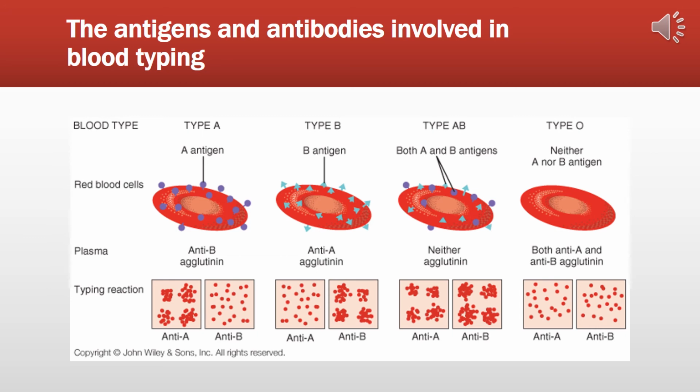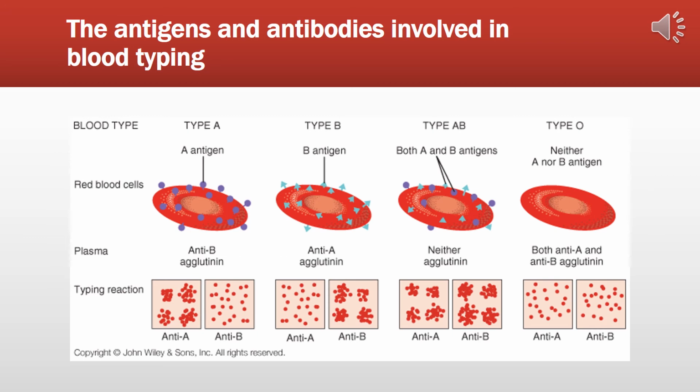When these cells are exposed to anti-A agglutinin, they clump, as seen here, and this is how we tell this is A-type blood, because the cells clump when they're exposed to anti-A agglutinin.